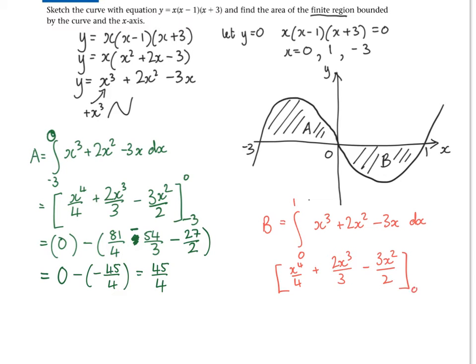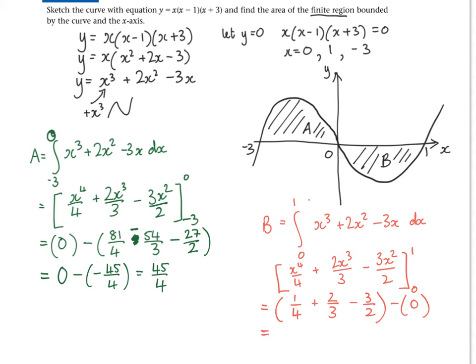Then substitute our limits in from 0 to 1. And if we put 1 in, we get a quarter plus 2/3 minus 3 over 2, and then in our second bracket it's just going to be 0.